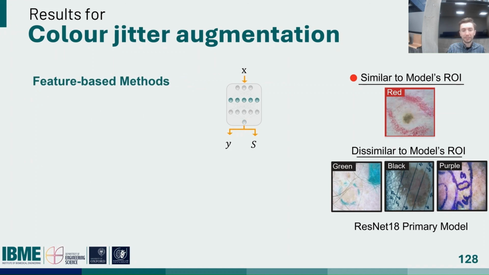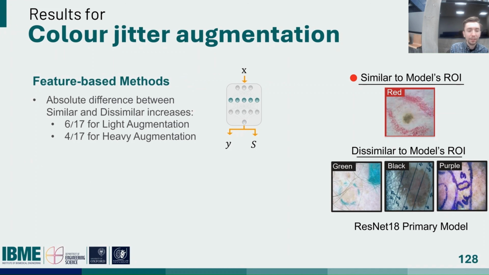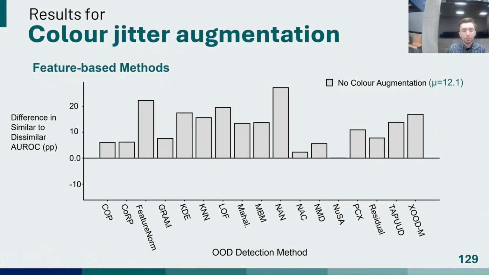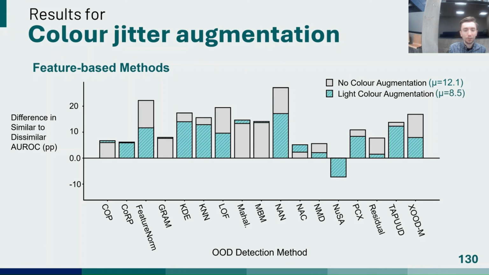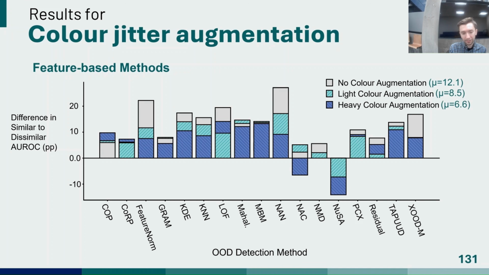Now going on to feature-based methods, we find that the absolute difference between similar and dissimilar is more mixed. So 6 out of 7 for light augmentations and 4 out of 7 for heavy augmentations. We can plot all the different feature-based methods on the x-axis here, and on the y-axis we can plot the difference in similar and dissimilar AUC. I can now add the light color augmentations and the heavy color augmentations shown here.